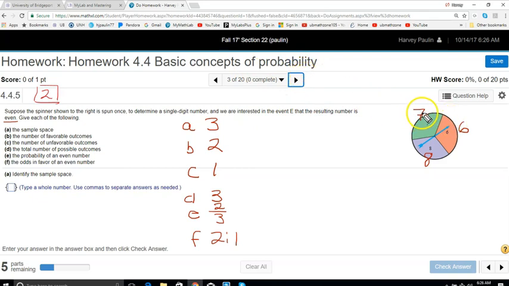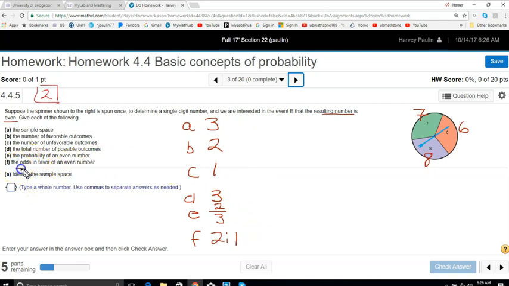Now our numbers are 7, 6, and 8. 2 are even, so the resulting number being even is our favorable outcome. So take a look at these, and if you have a question, be sure to let me know and we'll address it.